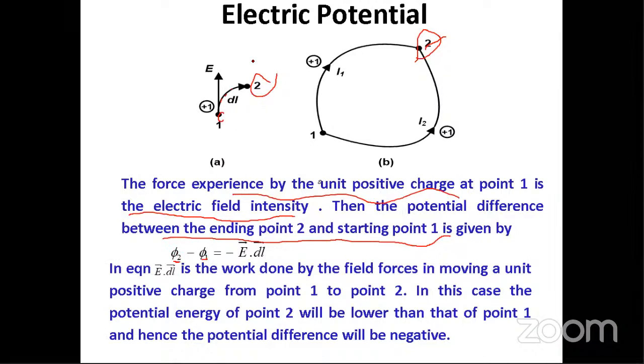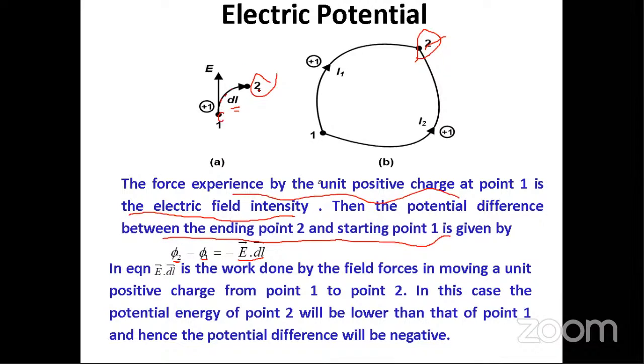And we know that electric field intensity at that particular point is E, and it is displaced from 1 to 2 by a distance dl. So in this case it will be multiplied, E into dl, that is phi 2 minus phi 1 is equal to minus E into dl.